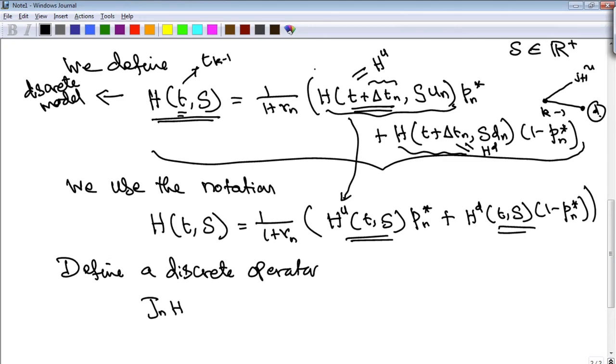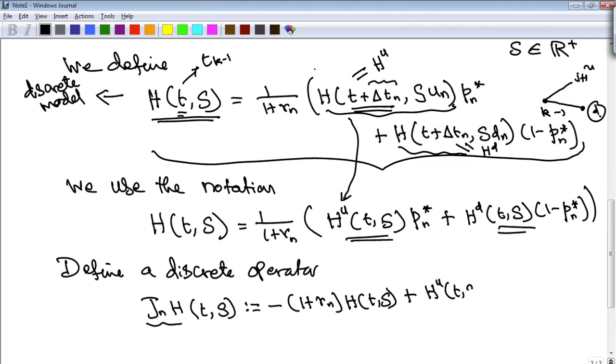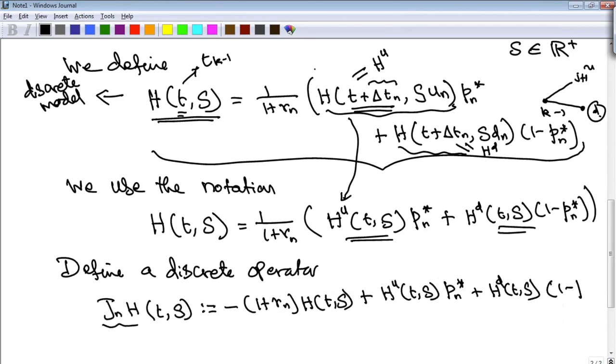Okay, therefore this is something you can imagine as a function, which is evaluated at the point t comma s, and that I will define as minus (1 plus r_n) into h of t comma s plus hu of t comma s p_n star plus hd of t comma s into 1 minus p_n star.